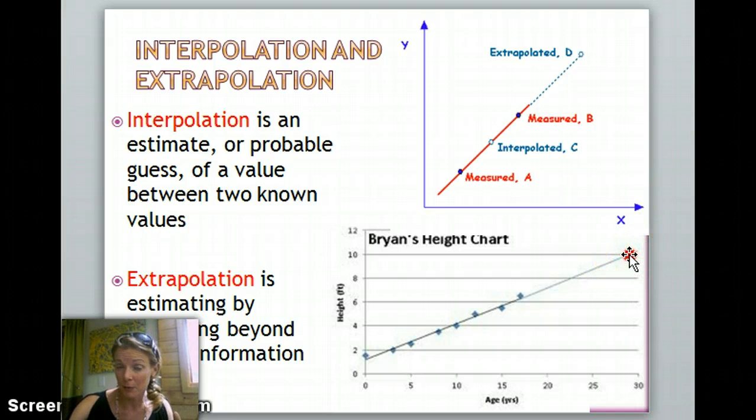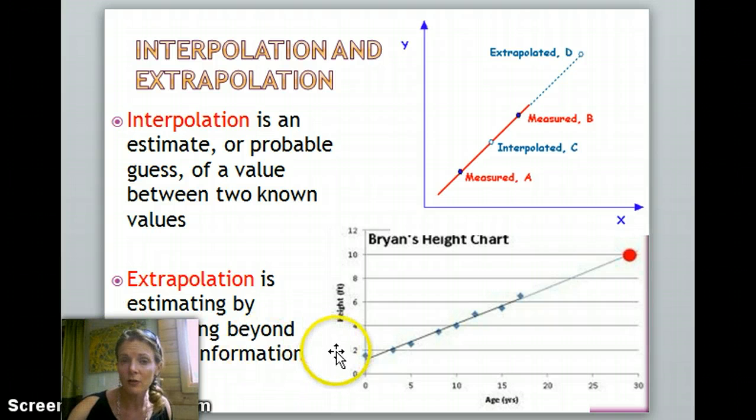It's going to be a guesstimate, remember, it's not going to be for sure. But you might figure out, okay, he's going to be 10 feet tall. Okay, not really, obviously. At some point he'll stop growing because at age 30 he has discontinued his growth by then. But nonetheless, you can figure out something that's going to happen in the future. So that's extrapolation, estimating by extending beyond the known information.